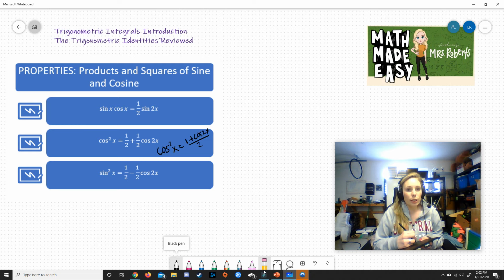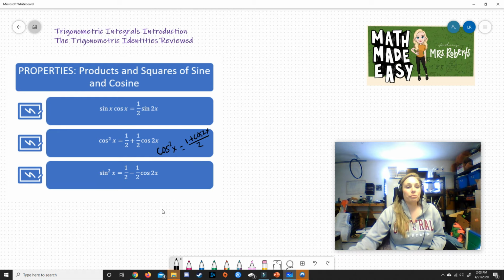That's a really ugly equal sign. Let's fix that. Okay. So, that is a really good one to have in the back of your mind, thinking, if I have a cosine squared of x, maybe replacing it with this half angle could be helpful.